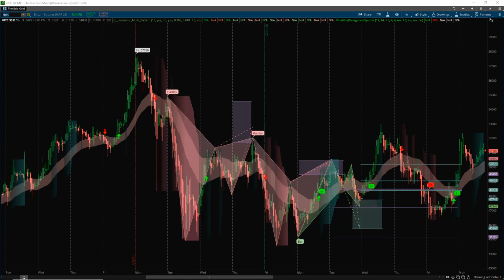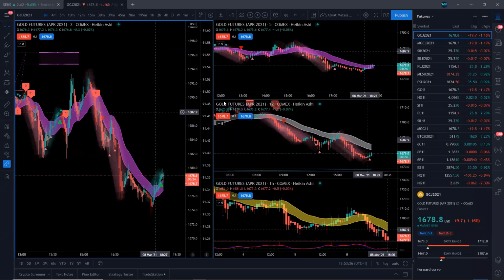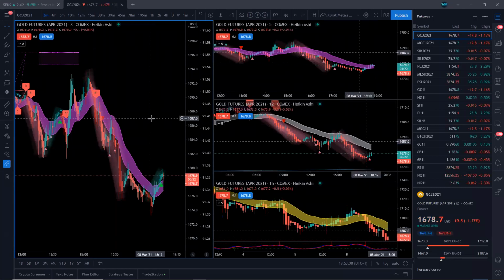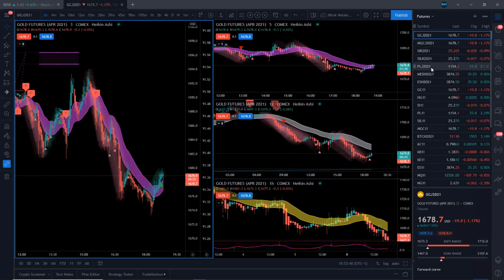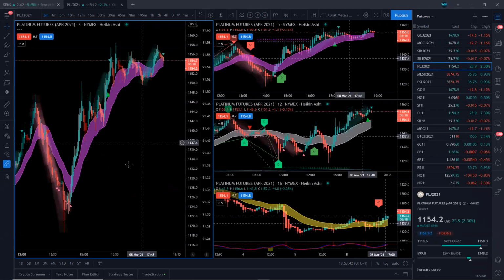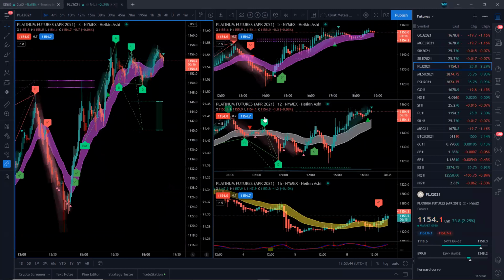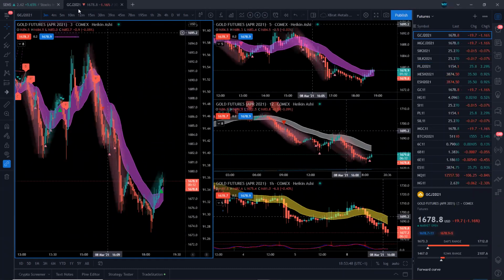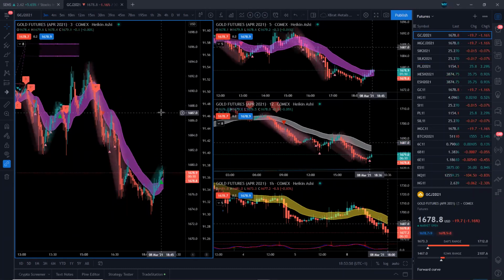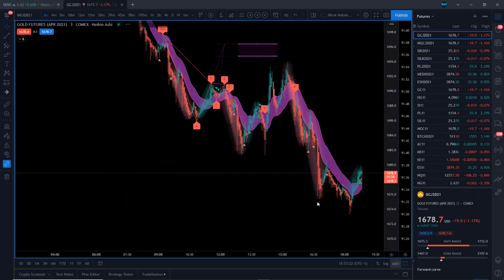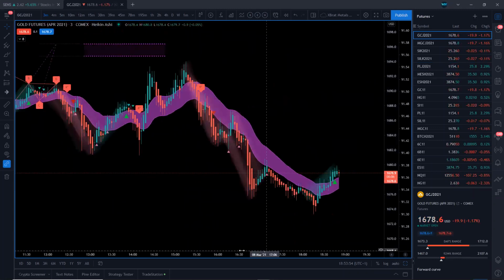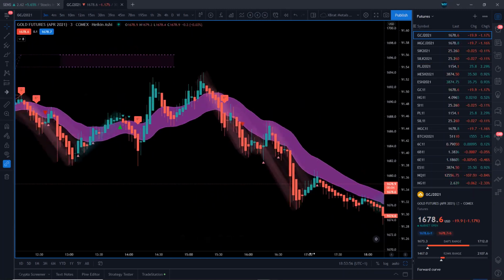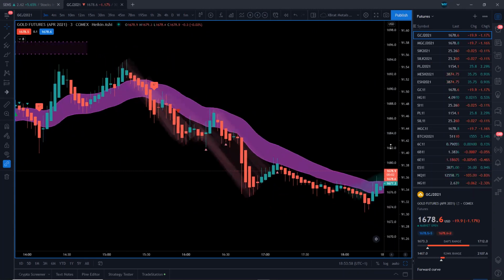It is an EMA cloud, but we've also got the Divergence Cloud, which is this cloud here. So if I go to gold here, this is what it looks like on the TradingView version.